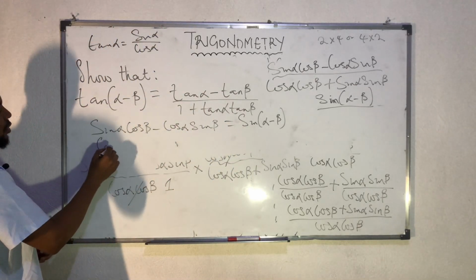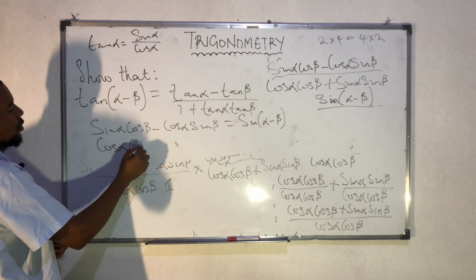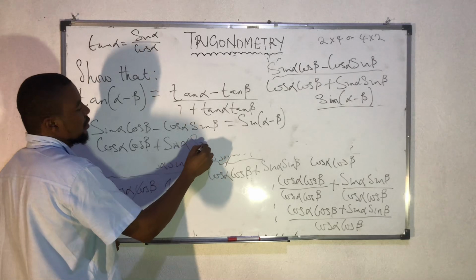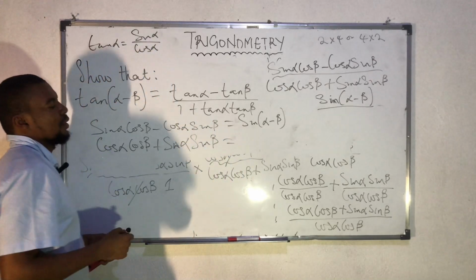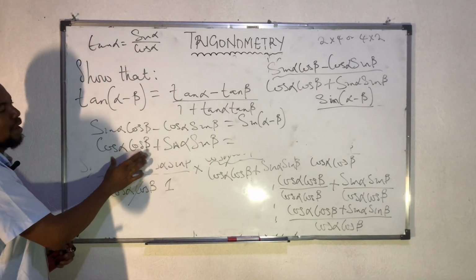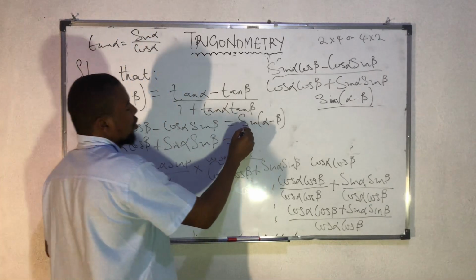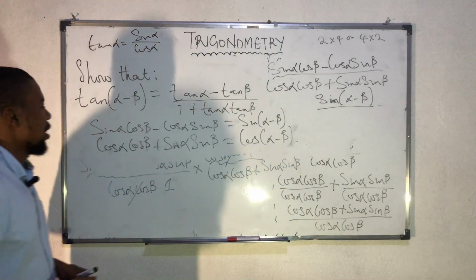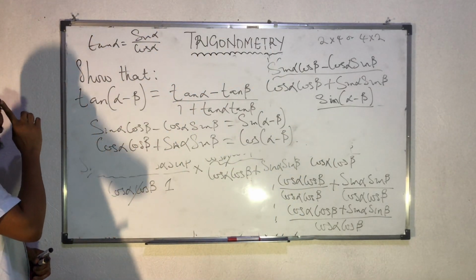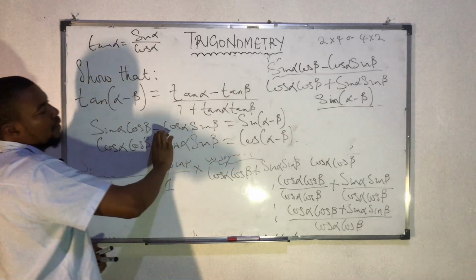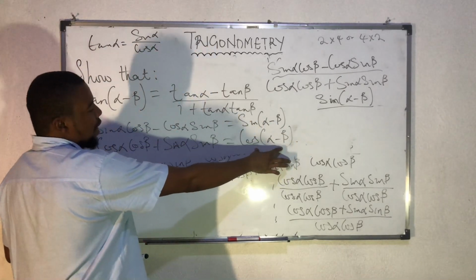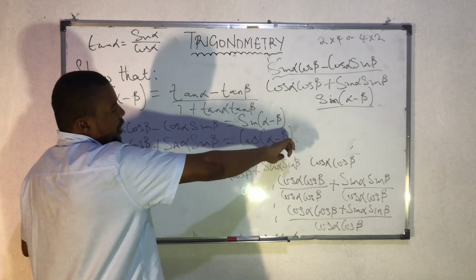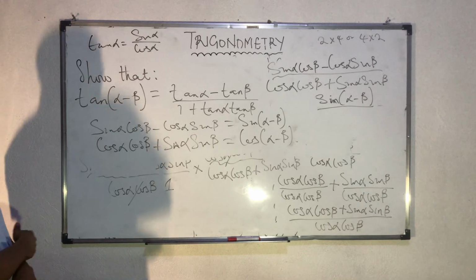If you have cos alpha cos beta plus sine alpha sine beta, this is also a sum and difference identity which is equal to cos alpha minus beta. For the cosine sum and difference identity, if you have a plus here, it is equal to a minus in the bracket. And if you have a minus at the center, it's equal to a plus in the bracket. This is the sum and difference identity.